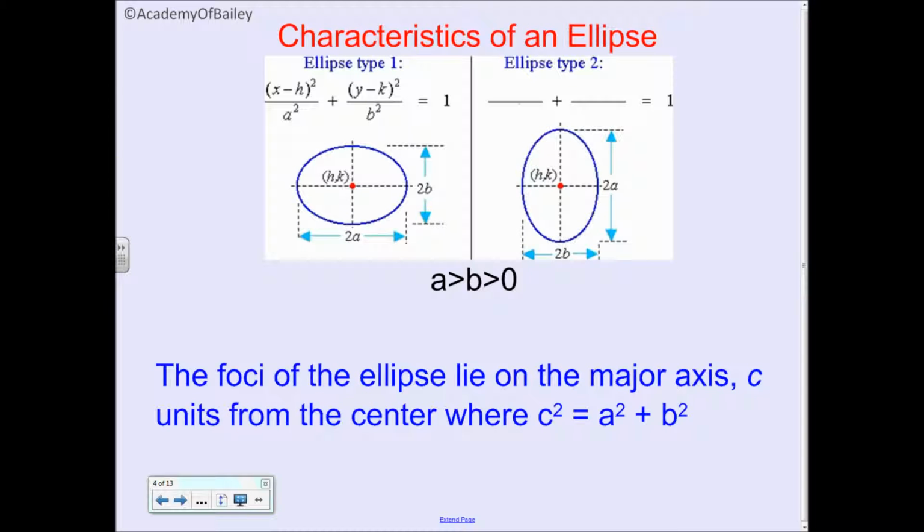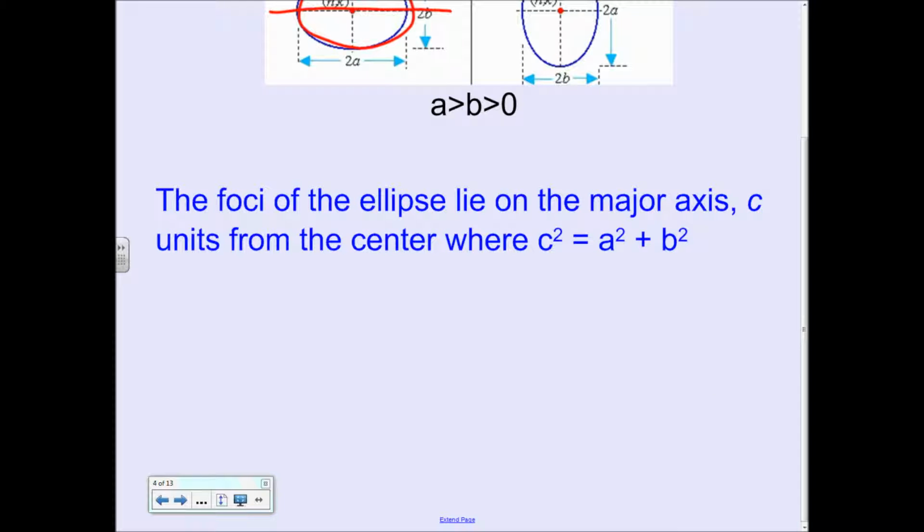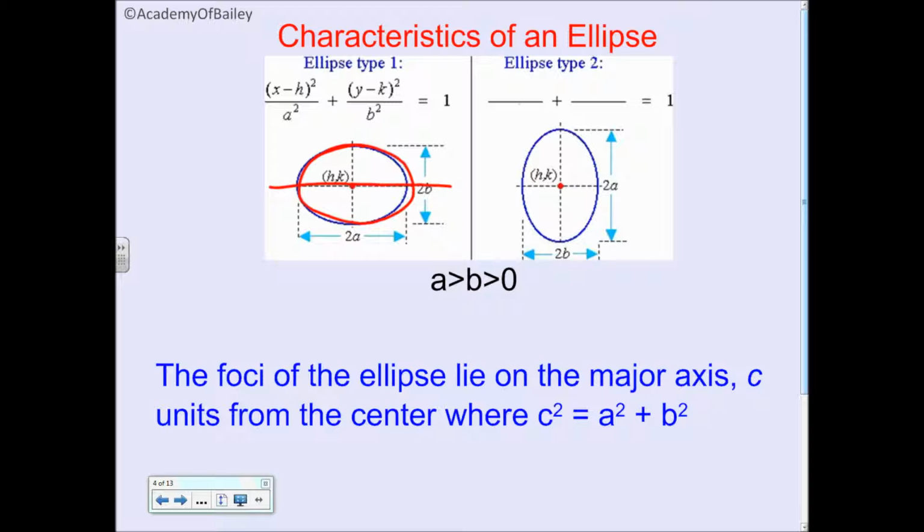You may want to keep this drawing handy because we will refer to it quite a bit as we work. If we look here at the equations of an ellipse, the first one is an ellipse with a horizontal major axis, and so the equation looks like you see right there.